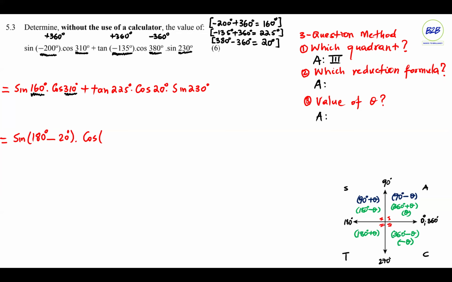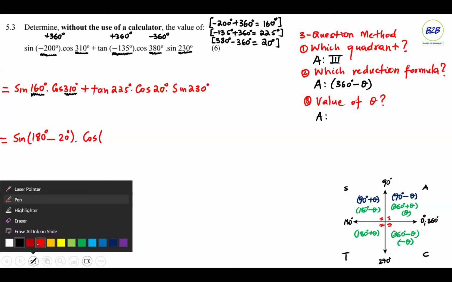Then we ask ourselves, within this quadrant, which reduction formula do we have? Negative theta in this case is not going to help us with anything. Let us use 360 degrees minus theta. When we perform the 3-question method, really we don't focus much on the negative theta. We focus on 360 degrees minus theta.